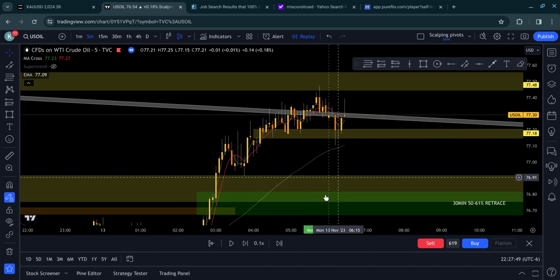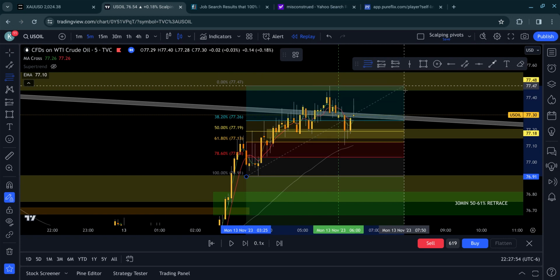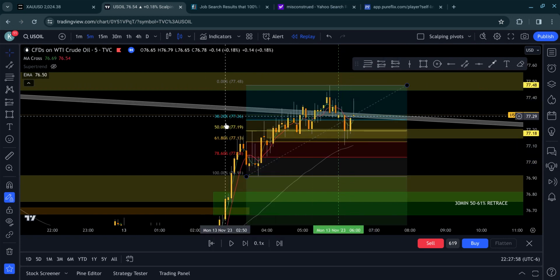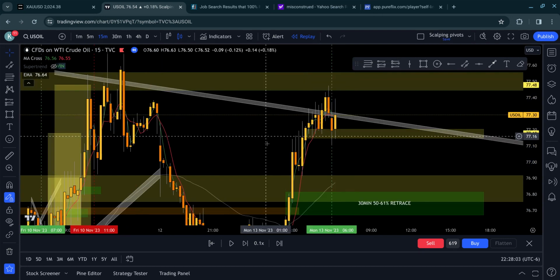So from this swing low on my 5-minute, I'm going to look here, see where this swing low retraced back into that 50 to 61% on the 5-minute, and then on the 15-minute it looks like the same thing.